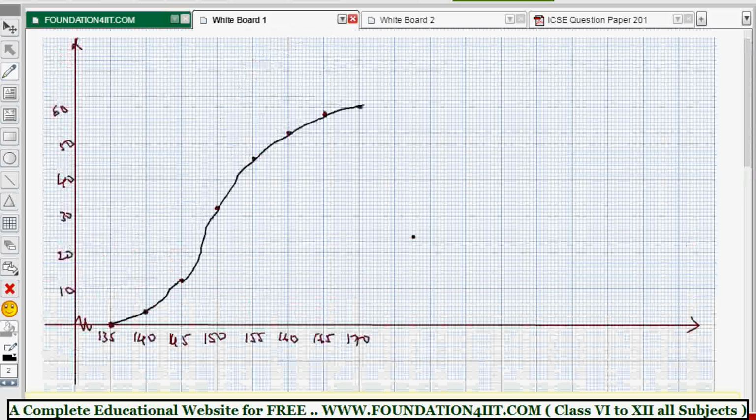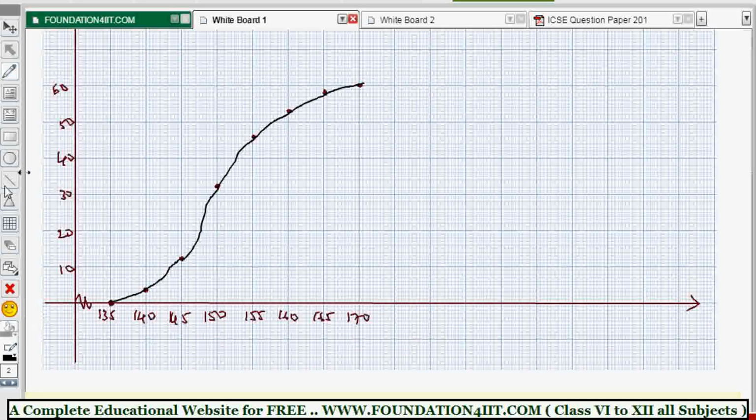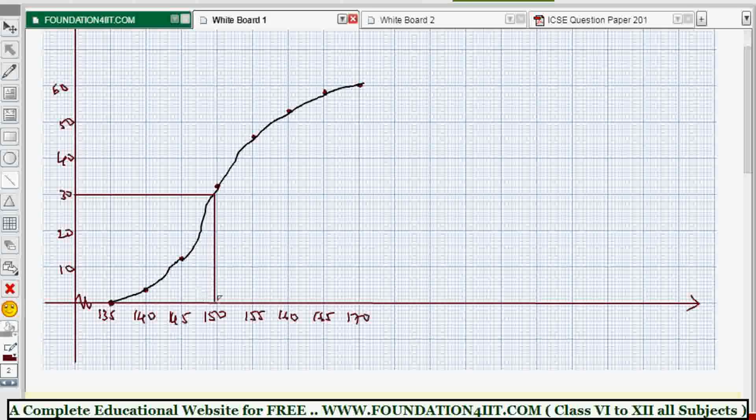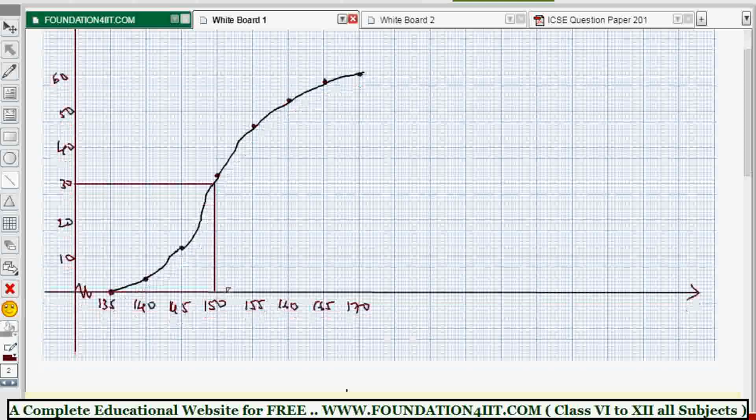So if you observe here, take the scale. From the 30th observation, you can take a straight line. Where it touches, from there you can take a line down straight. So approximately it is 149.5. So where it joins, that you can take.